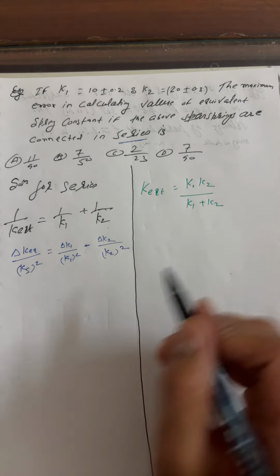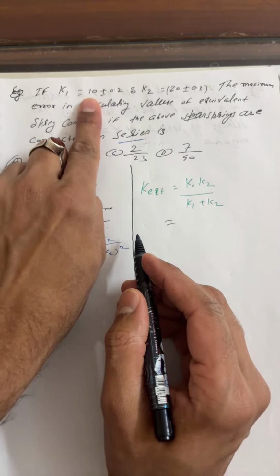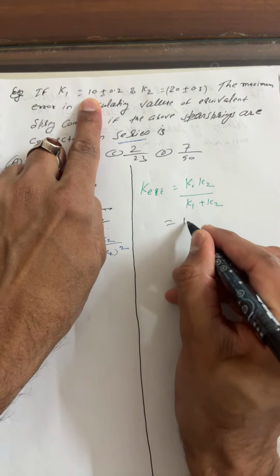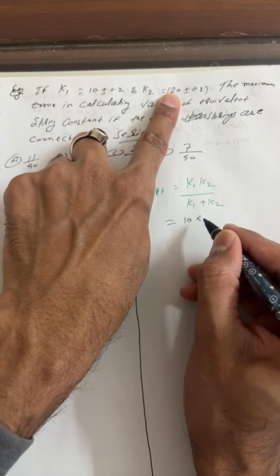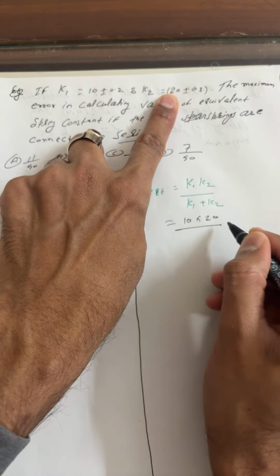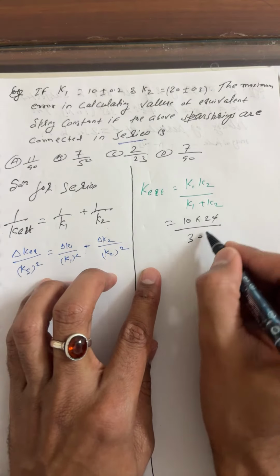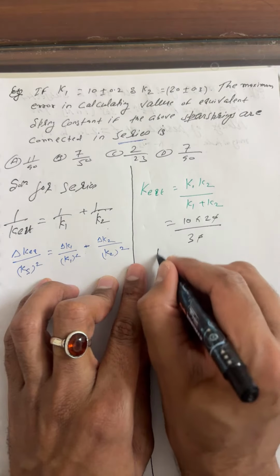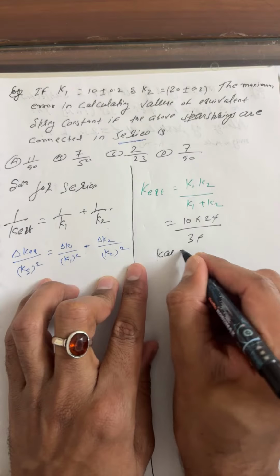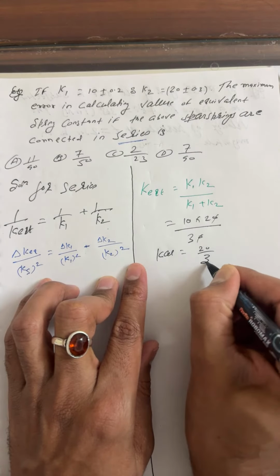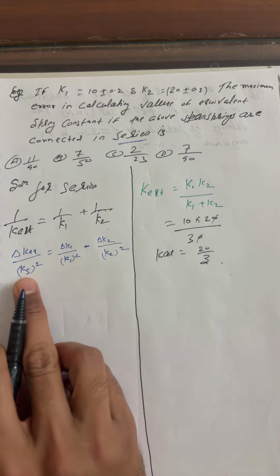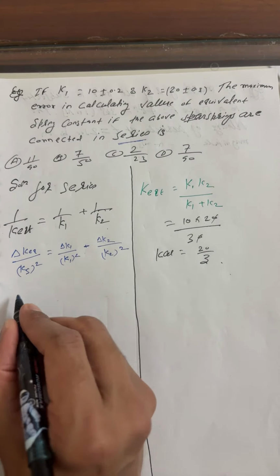So what is K1? This is 10. And what is K2? 20. So 20 upon 20 plus 10, how much? 30. So you can say one decimal place, finished. You will get K equivalent is nothing but 20 by 3.